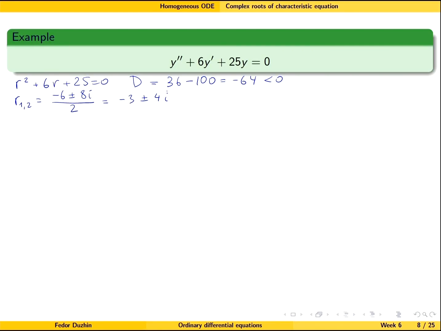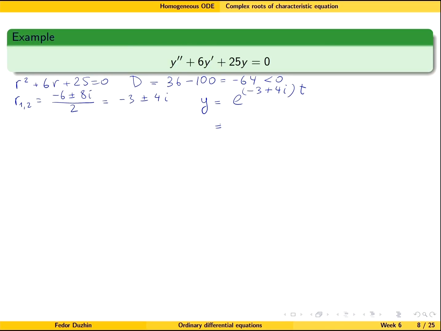So let's just take one of them, all right? It means that the following function, y equals e to the power minus 3 plus 4i times t, is a solution of this differential equation. But let me rewrite it according to Euler's formula.